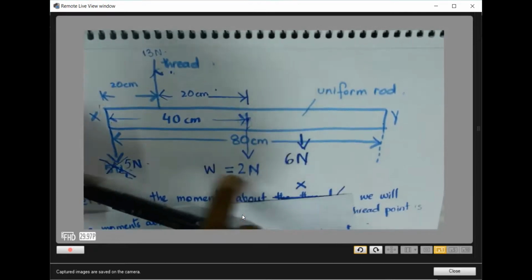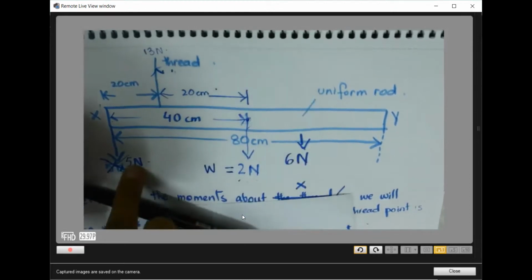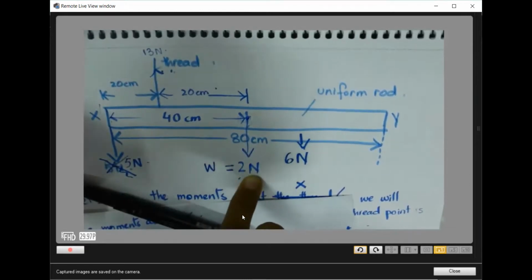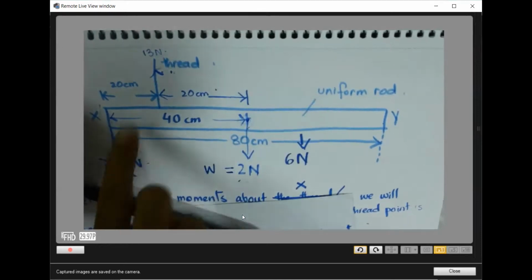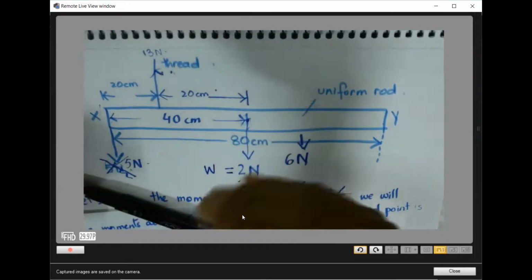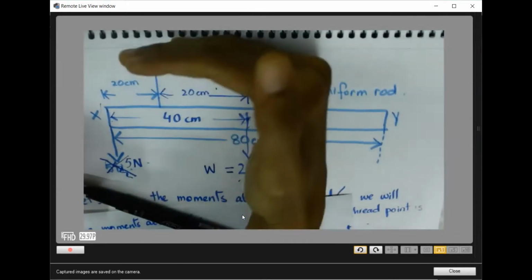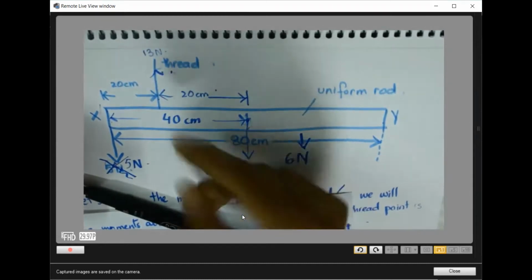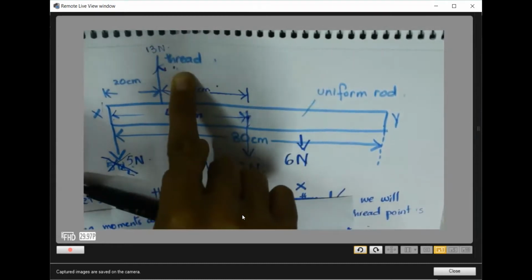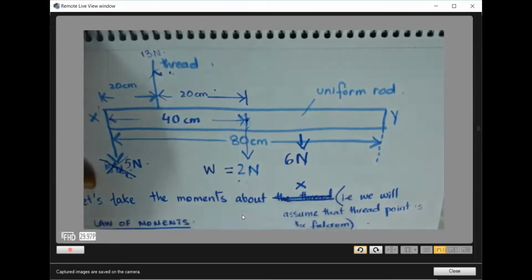So 6 plus 5 is 11, plus 2 is 13. 13 Newton. According to the law of equilibrium, total upward forces is equal to total downward forces. So this must be 13 Newton.